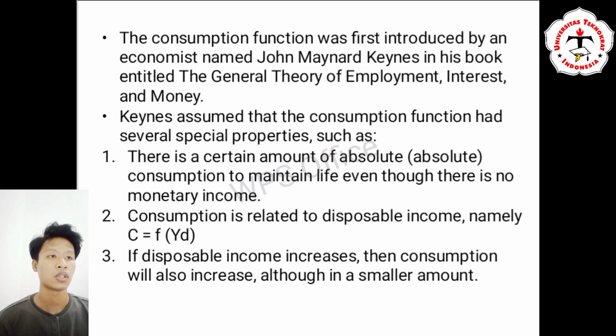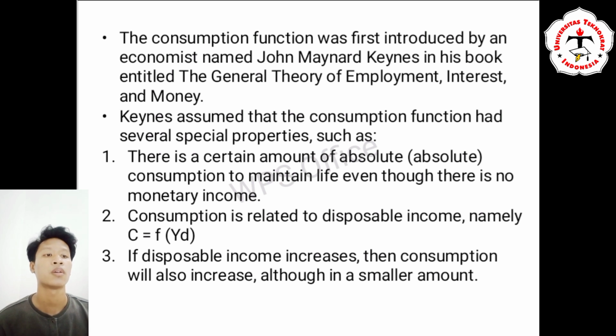Keynes assumed that the consumption function had several special properties, such as: first, there is a certain amount of absolute consumption to maintain life even though there is no monetary income. Second, consumption is related to disposable income, namely C equals f(YD).